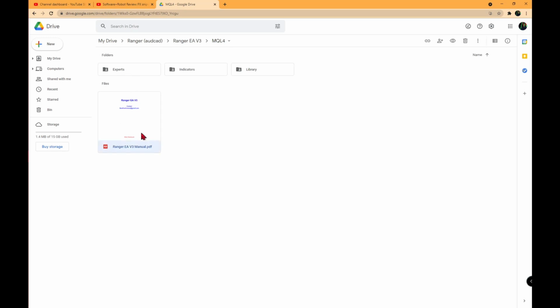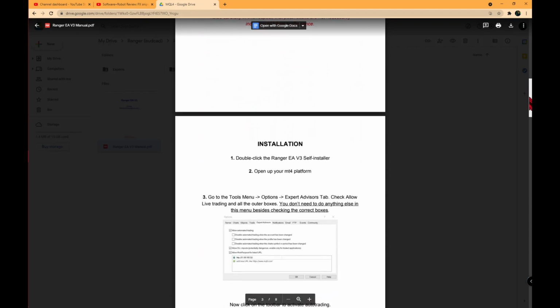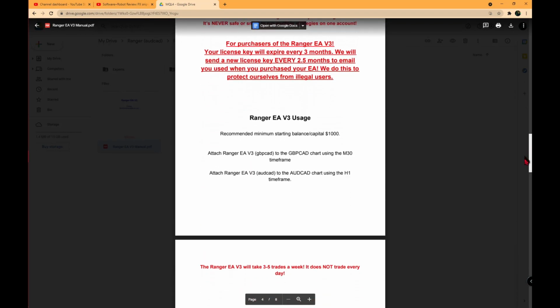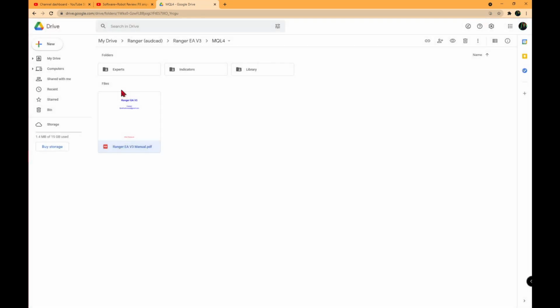So this just gives you a rundown of the different settings that you can change in the expert advisor, and the experts get pasted in the experts folder, the indicators get pasted in the indicators folder, but something new to the channel is this library folder, and this file gets pasted in the library folder in your MetaTrader 4 platform.